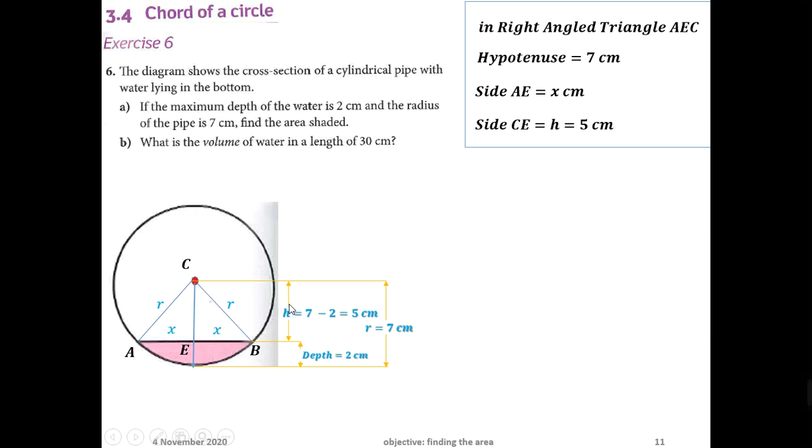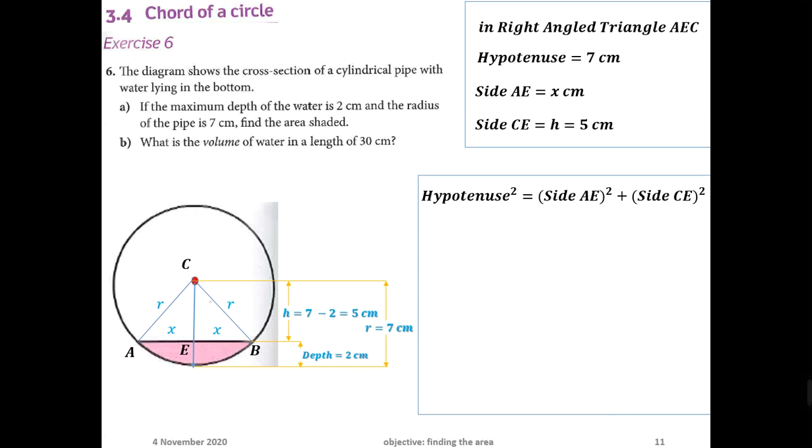So now we are going to apply the Pythagorean Theorem to find the unknown side, which we named X. The Pythagorean Theorem states that the hypotenuse to the power of 2 is equal to side AE to the power of 2 plus the perpendicular side on it, which is CE, all to the power of 2. Let's substitute.